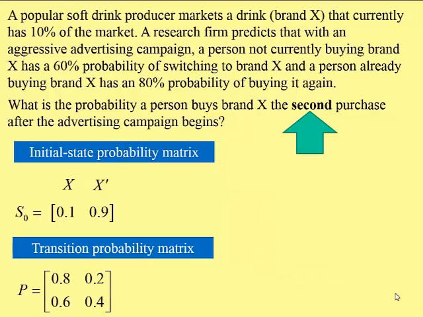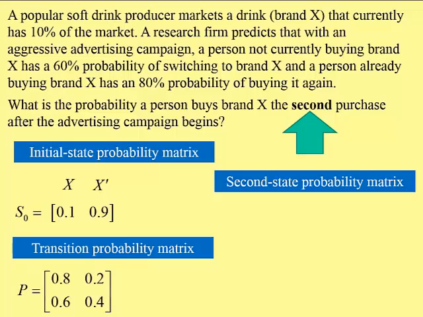The difference is, what if we wanted the second purchase? Well, we could continue the tree diagram, make another branch off of each one of those 4 that we ended up with. That's going to be quite a big tree diagram. However, we can do this a lot more expeditiously using matrices in our calculator.